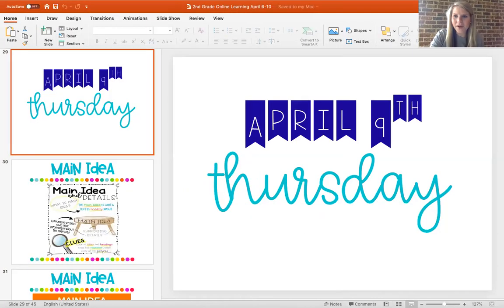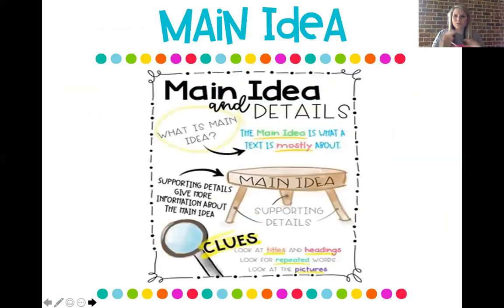We are going back to main idea today. We're going to be reviewing main idea and applying it to a passage where the format is going to be really familiar from the CASE test that we've taken already this year. So let's review really quickly. Main idea is what the whole story is about.